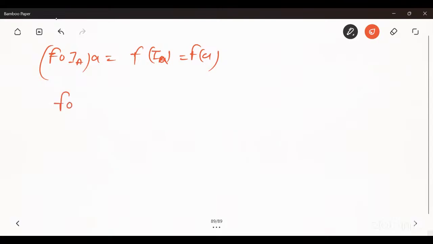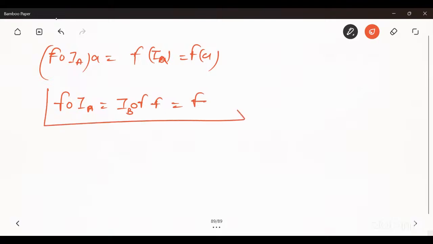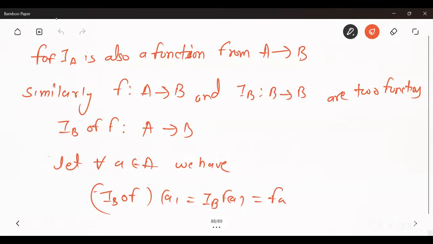So both F of IA and IB of F are equal. That is a memorizing question, so you can remember all the steps of that.